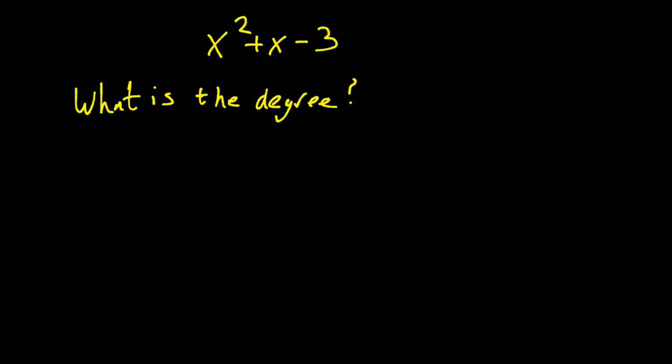So since I have x squared here, this is a second degree polynomial. And we can check that because our other x, well, there's no exponent on it, so that means it has an exponent of 1. 2 is greater than 1, so this is a second degree polynomial. All you have to do to find the greatest degree is look at the exponents and find the biggest number. Not too hard. Let's look at another one.